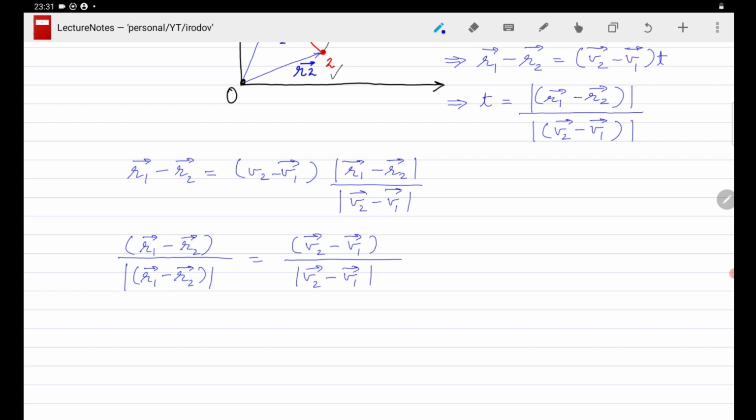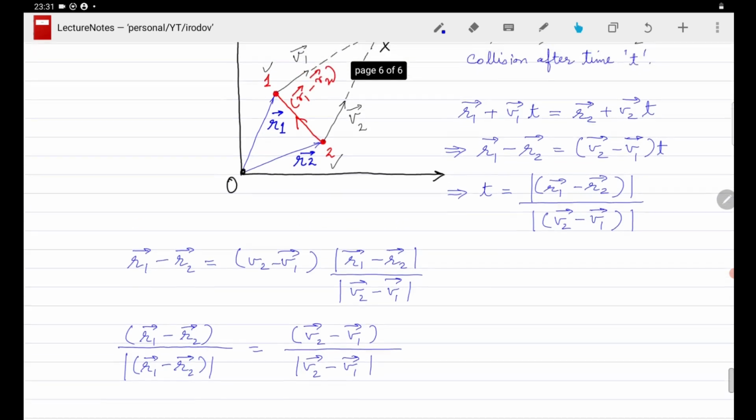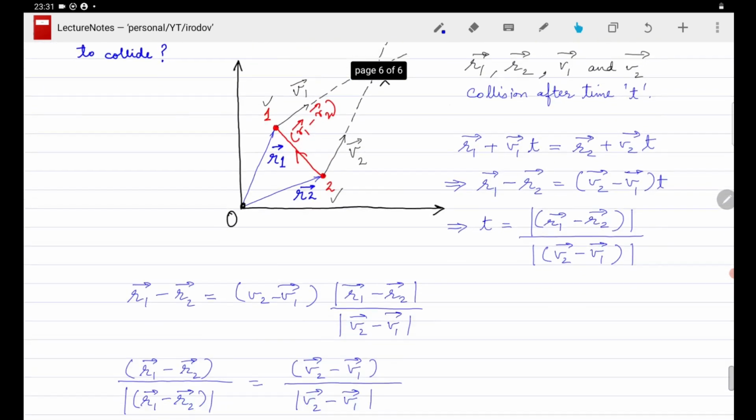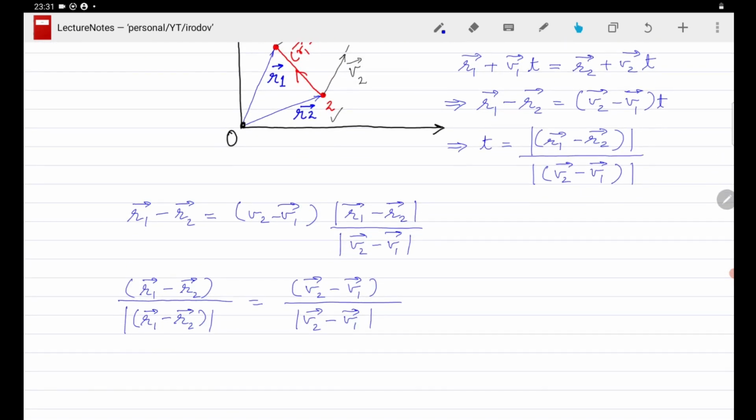So this is our final answer. If these two particles are to collide, then this is the relationship that these four vectors must have.